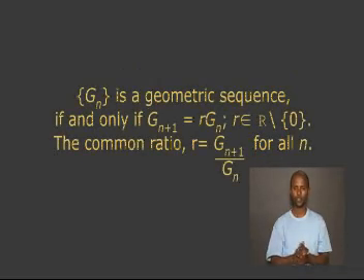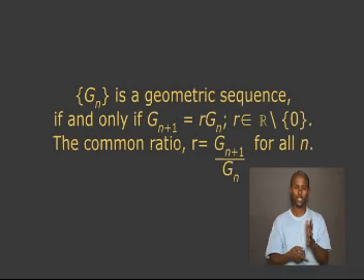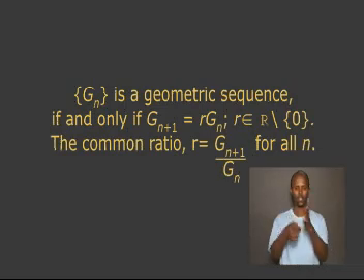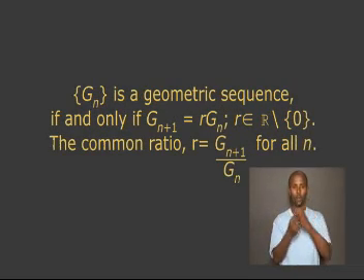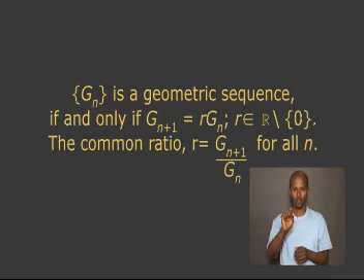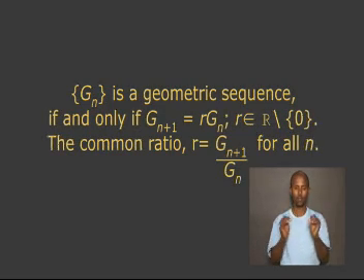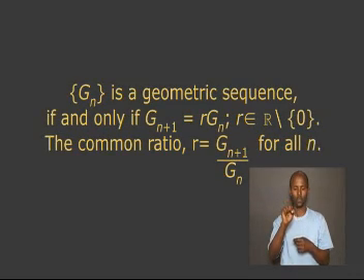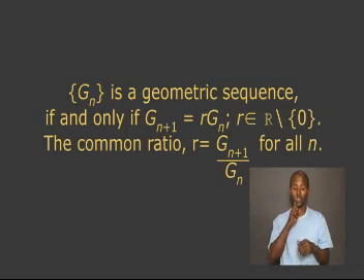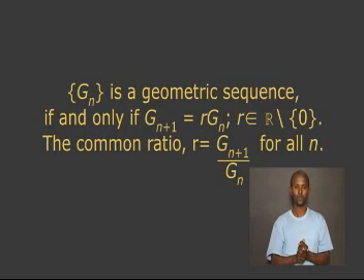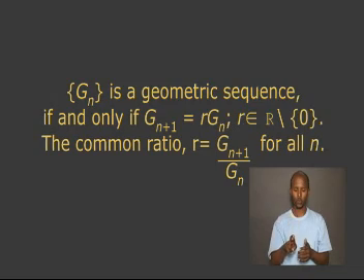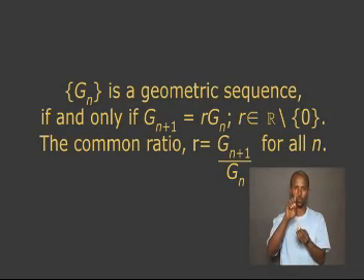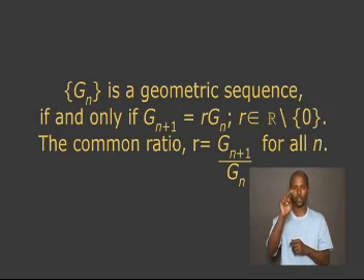For example, sequence Gn is a geometric sequence if and only if Gn plus 1 equals R times Gn, when R is a real number. The common ratio is R equals Gn plus 1 over Gn for all n.